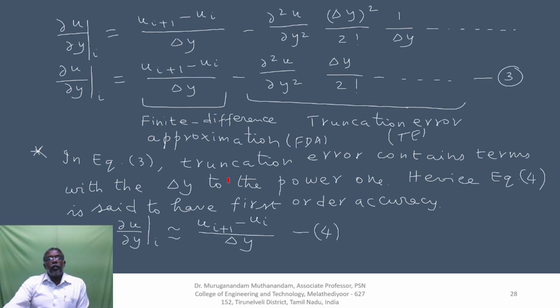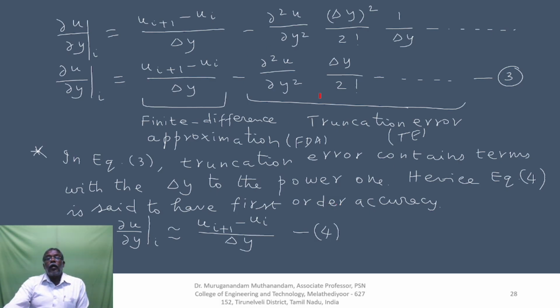So in equation 3, the truncation error contains the terms with delta y to the power 1. If you see here delta y square, here delta y, when you cancel, you obtain delta y. So delta y has the power of 1, hence this equation is called a first order accuracy equation.